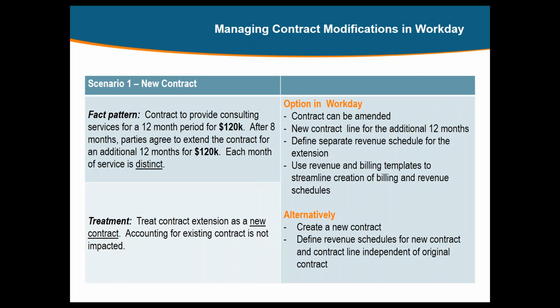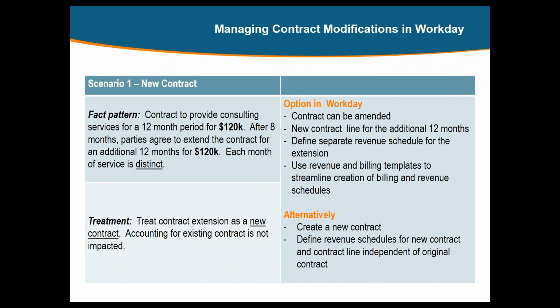Once you add that, a separate revenue schedule is defined for the extension, while the original contract line you would leave intact. And then revenue and billing templates that we already have in the system can be used to streamline the creation of this new revenue schedule. So that's the first option.